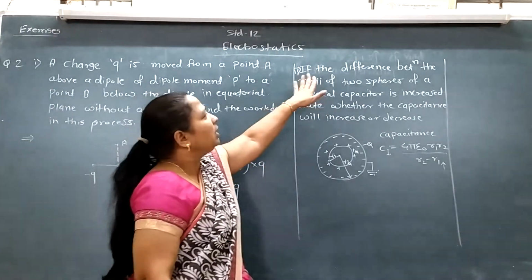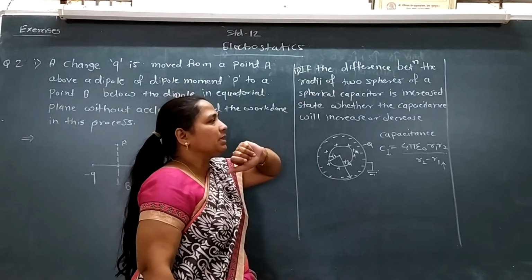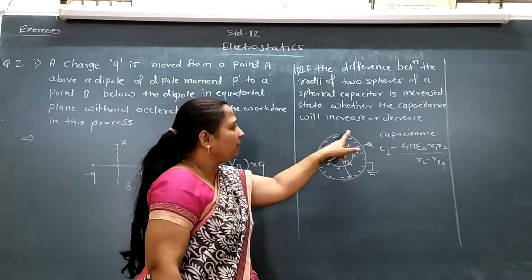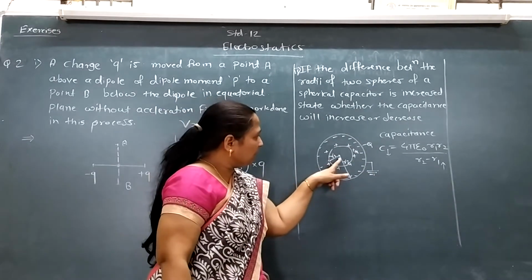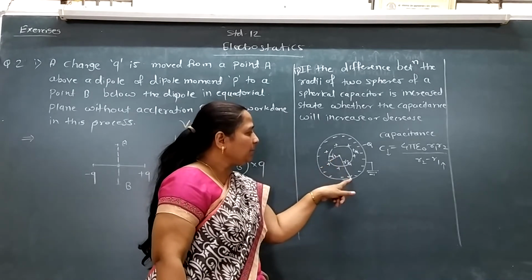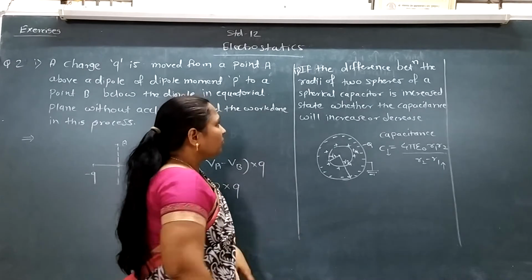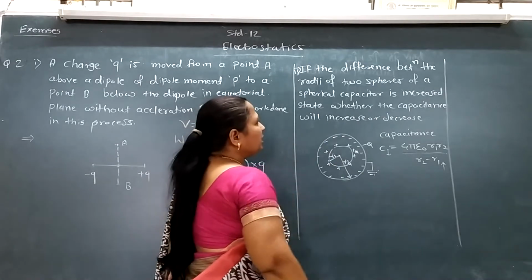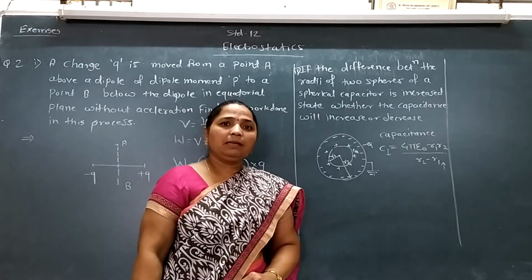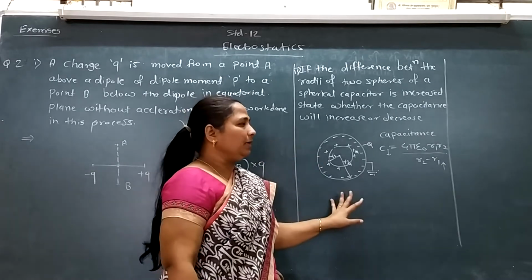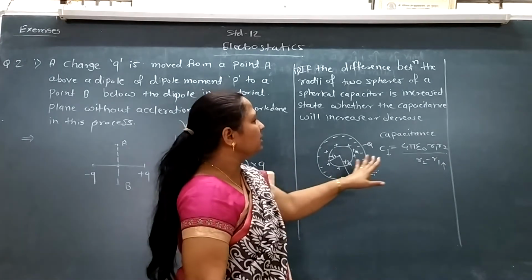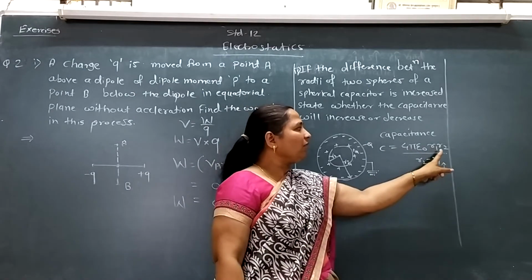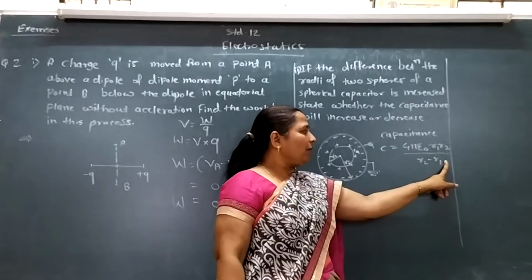Second problem: if the difference between the radii of two spheres of a spherical capacitor is increased, state whether the capacitance will increase or decrease. Consider two spheres, a small sphere of radius r1 and a big sphere of radius r2. By definition, C is equal to 4 pi epsilon 0 R1 R2 upon R2 minus R1.